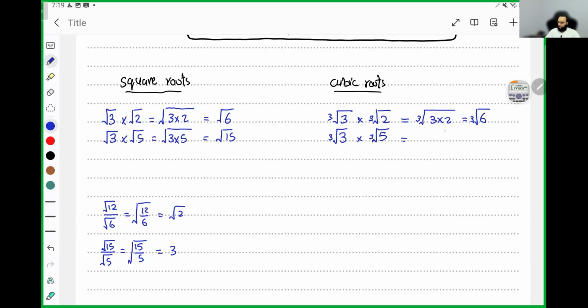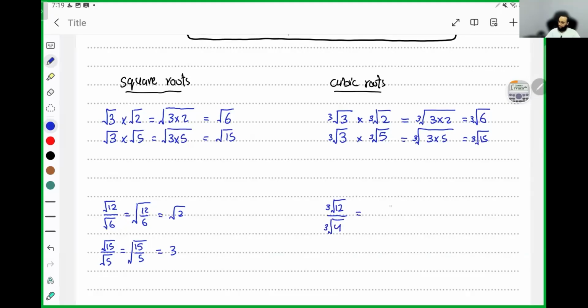Equals what? Only one cubic root? Cubic root 15. Yes, and 3 times 5, which is 15. We can do this with the division: cubic root 12 over cubic root 4.